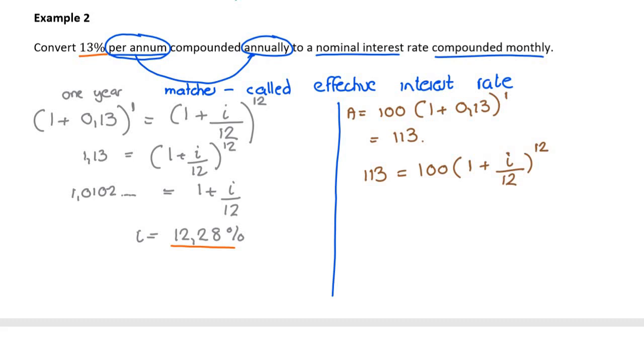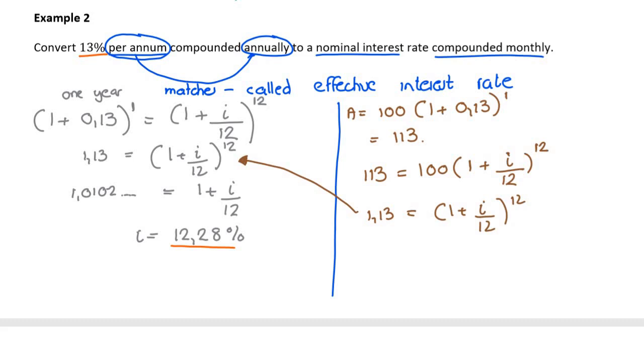And then I would divide by 100 on both sides. So I get 1,13 equals 1 plus I divided by 12 to the power of 12. And you'll notice I'm now straight back there. So you do actually get down to exactly the same maths.